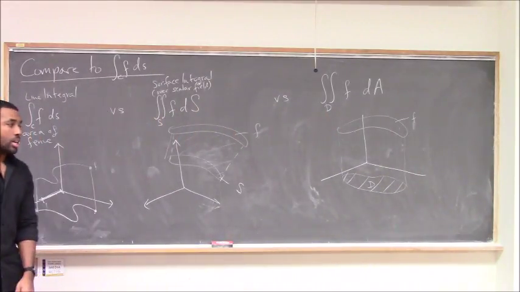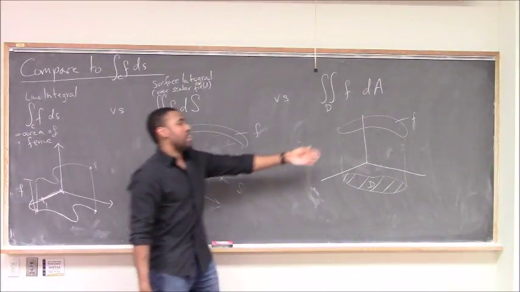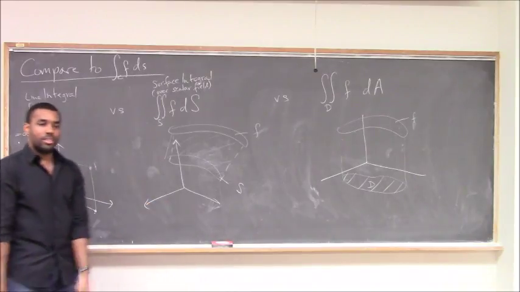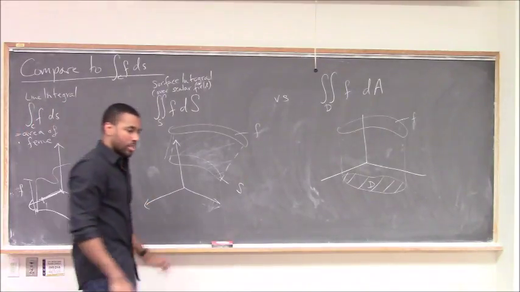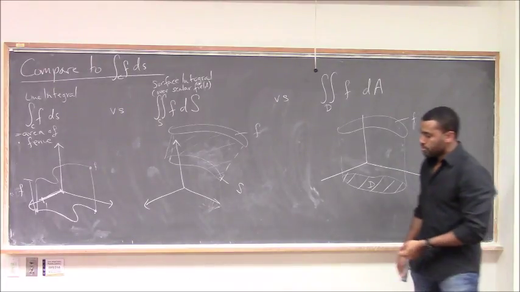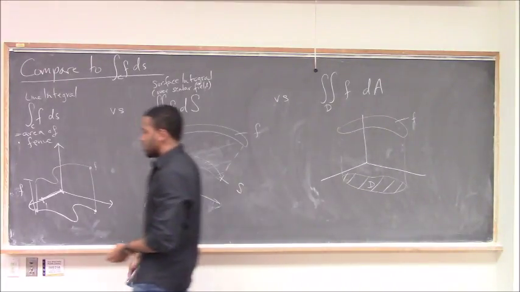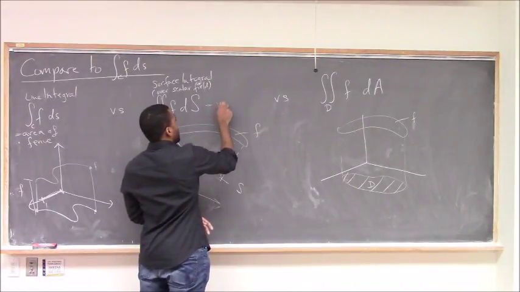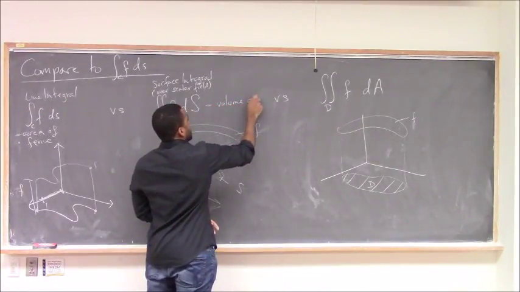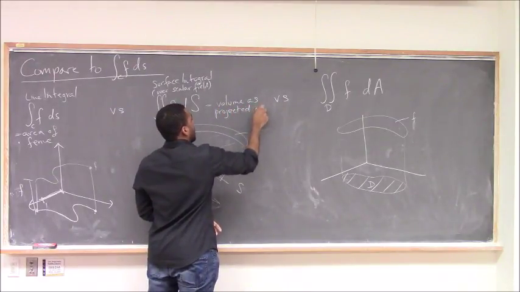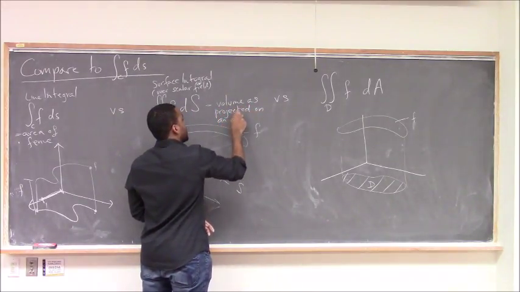And so that's sort of the idea. I want to get away from the fact that I have to project perpendicularly. What if I want to project over here on top of that? That's the idea. You really want to generalize what the integral can do. And so that's what a surface integral gives us. So this pretty much gives us the volume as projected on an arbitrary surface.